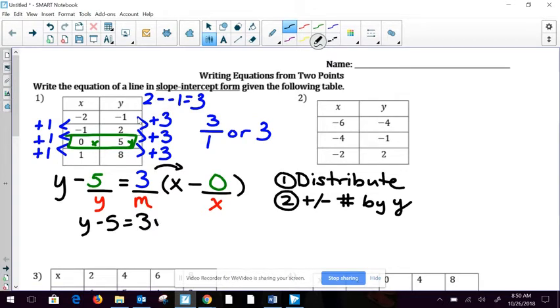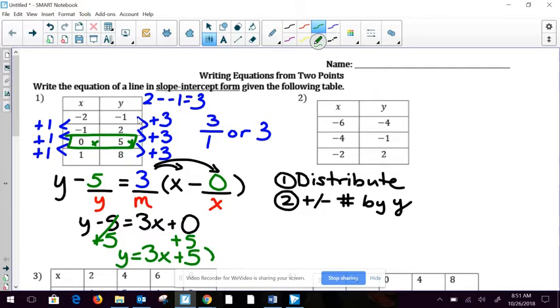Good, it's 3x. And what is 3 times 0? Awesome, it is 0. And I'm going to write that down just for fun for right now. Now, to get my y by itself, my second step is I'm going to add that 5 over. So I add 5 to both sides very carefully. So I get y is equal to my 3x, and then 0 plus 5 is just 5. And now I have written my equation in slope-intercept form.